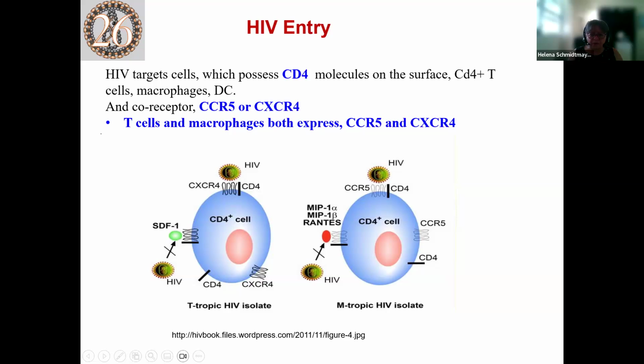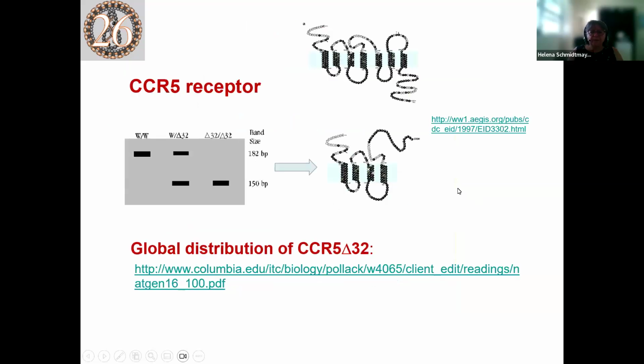It's a bad prognosis. So I mentioned that CCR5 using viruses are the ones which occur upon transmission, or are the ones which establish infection in a new host. And you might have heard that there are some people who are resistant to HIV infection via the natural route, meaning via sexual contact.